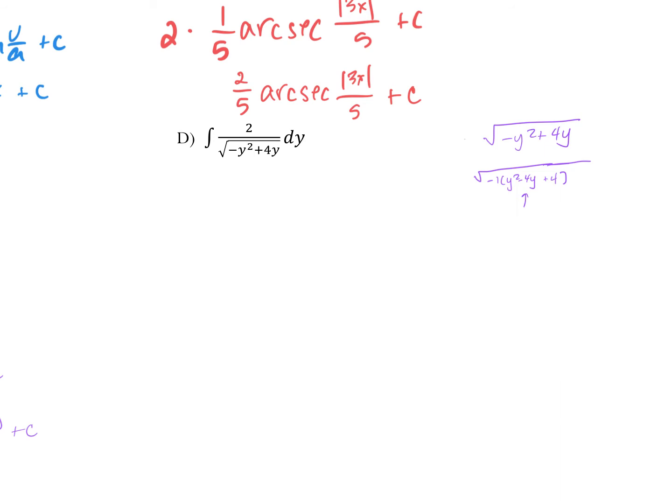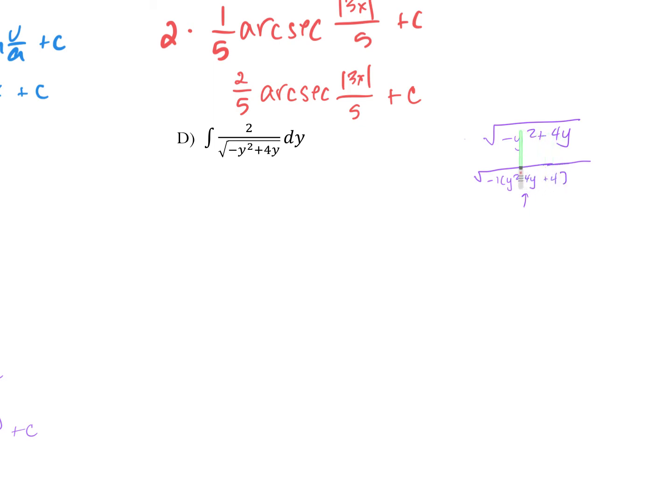Did I add 4? It looks like I added 4, doesn't it? But that 4 is inside this parentheses that has the negative out front of it. Is this okay? So by putting this 4 here, I'm essentially taking this whole thing and subtracting 4 from it.